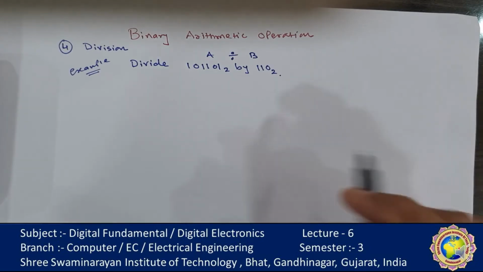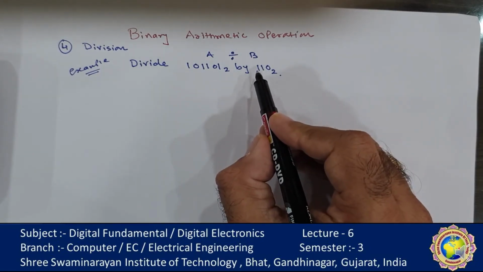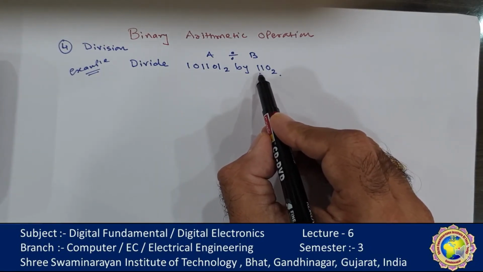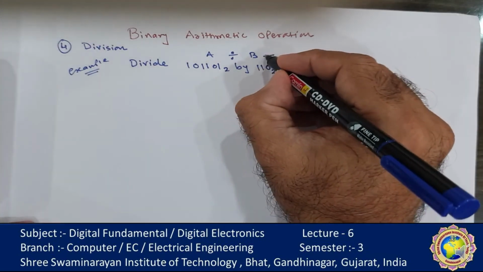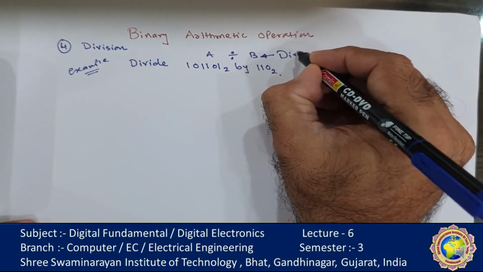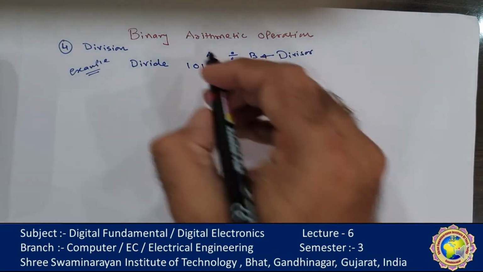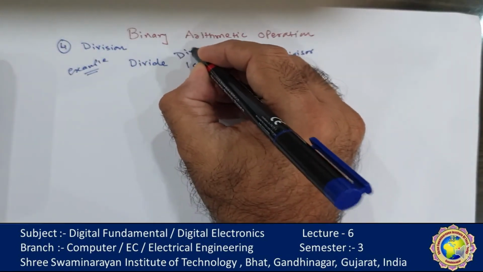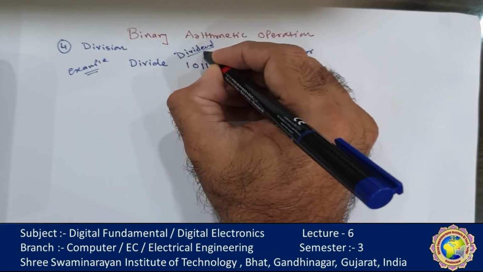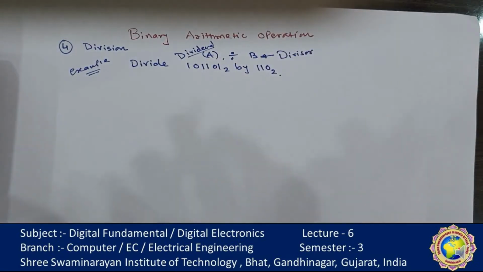Remember that thing, always this B is known as the divisor. Always the divisor is less than the dividend. Okay, otherwise the answer is always in fraction point.